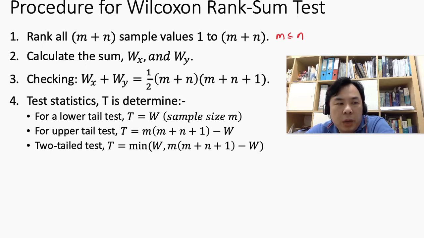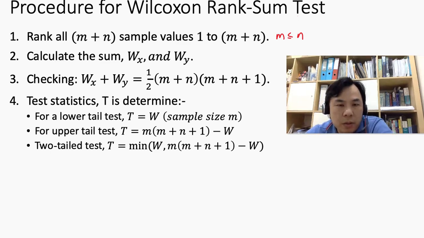If you're doing an upper tail test, the test statistic is equal to m multiplied by m plus n plus 1, subtract off W, where W is the sum of ranks for the sample m.